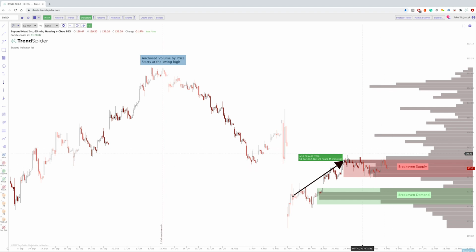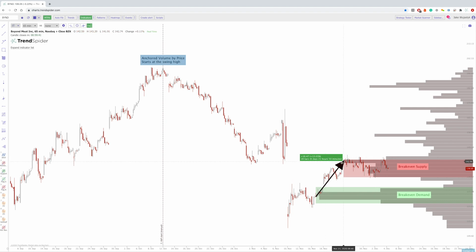So this is something that I like to mention as break-even supply and break-even demand. Anytime the price is above this current area, this is going to be break-even demand, because now these shares here around 126, 127 are holding at a 13% profit.